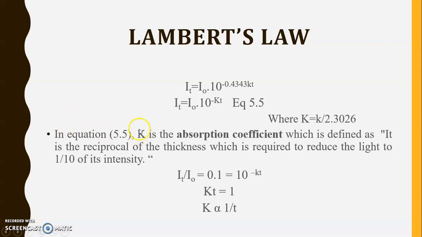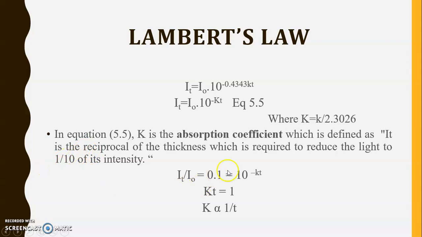In this equation, the capital K that we have utilized is known as the absorption coefficient. This absorption coefficient is defined as the reciprocal of the thickness which is required to reduce the light to 1/10 of its intensity. Now, It upon I0 is equal to 0.1, that is 1 upon 10.